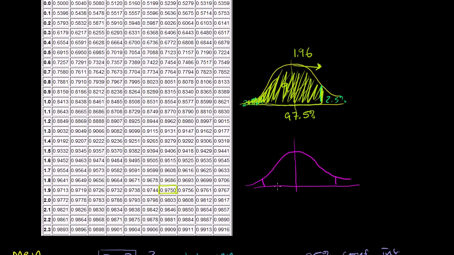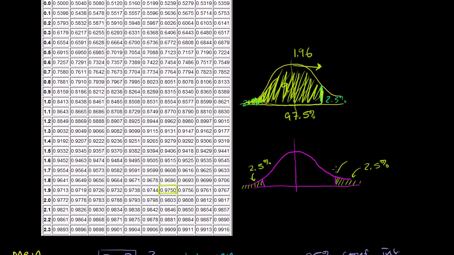This is a two-tailed test. An extreme event either far above the mean or far below the mean will allow us to reject the hypothesis. So we care about area over here. And over here we would put 2.5%. And over here we would have 2.5%. And we would have 95% in the middle.